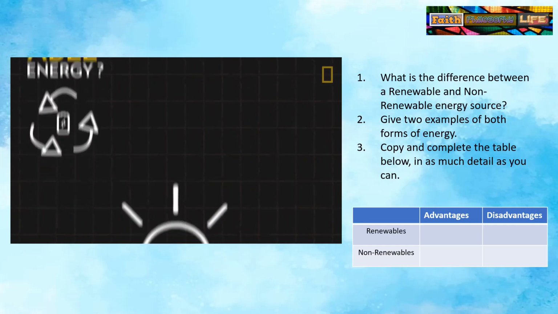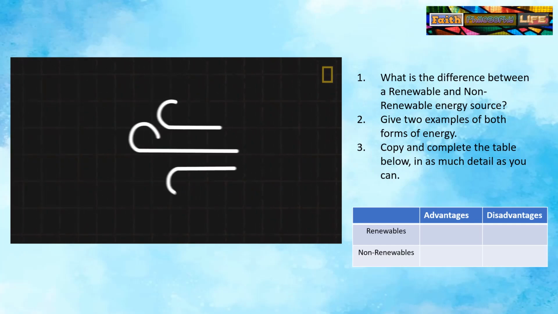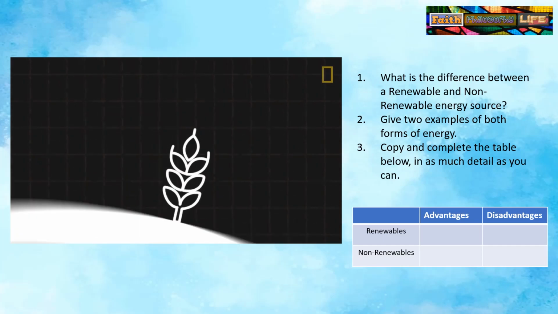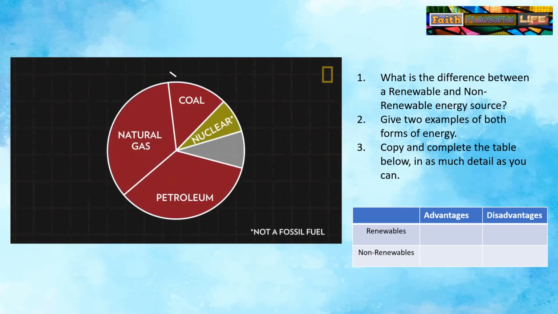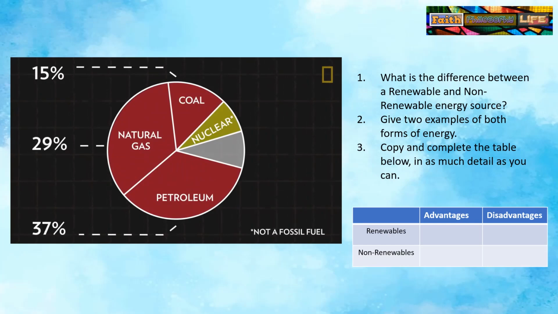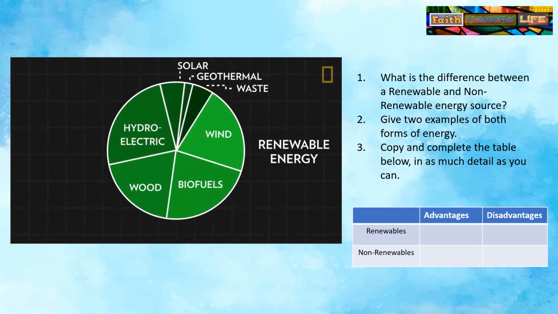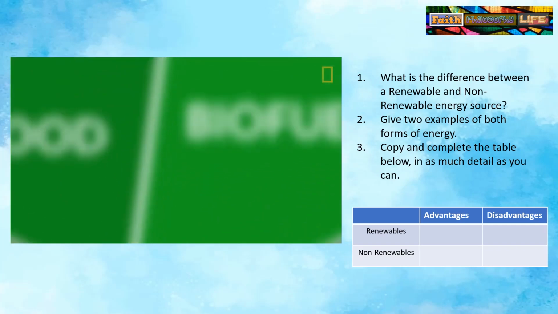The most common sources are solar, wind, hydro, geothermal, and biomass. Over 80% of the total energy consumed by humans is derived from fossil fuels. However, renewables are the fastest growing source of energy in the world.